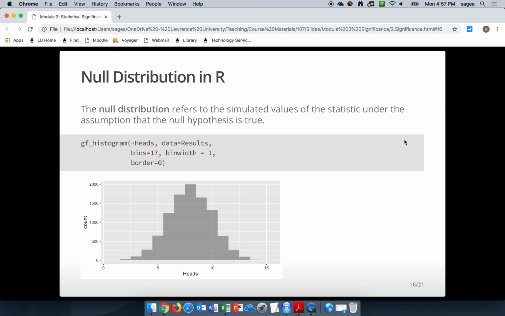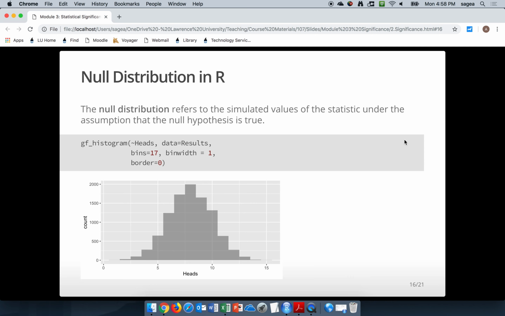The null distribution refers to the set of simulated values of the statistic under the assumption that the null hypothesis is true. We saw the simulated version of this distribution in class based on our simulated values.